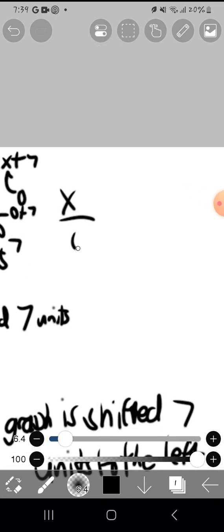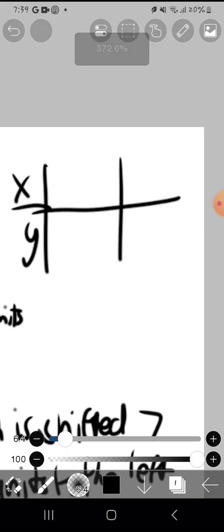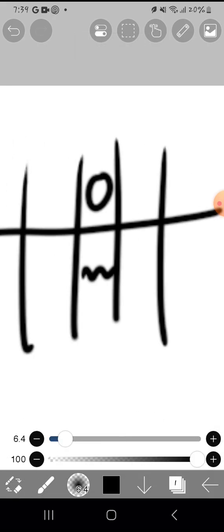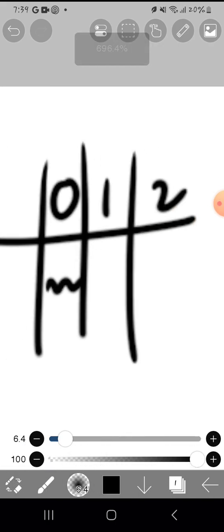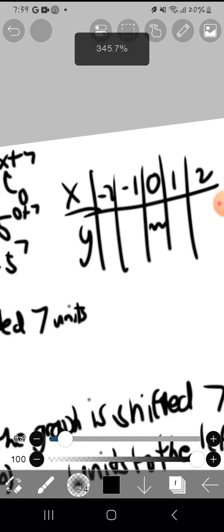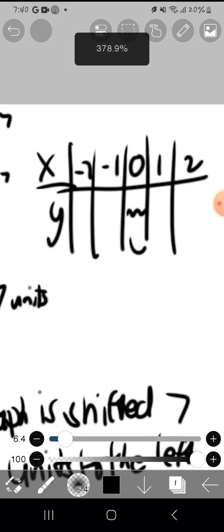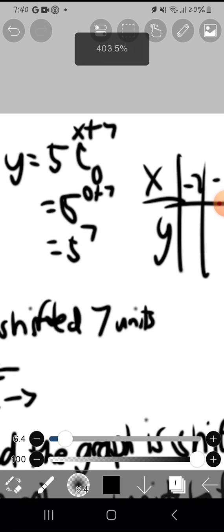Pag gumawa tayo ng table of values, let's say sa gitna is 0, something something, malaki yan. And then, -1, -2. Let's try substituting -1.